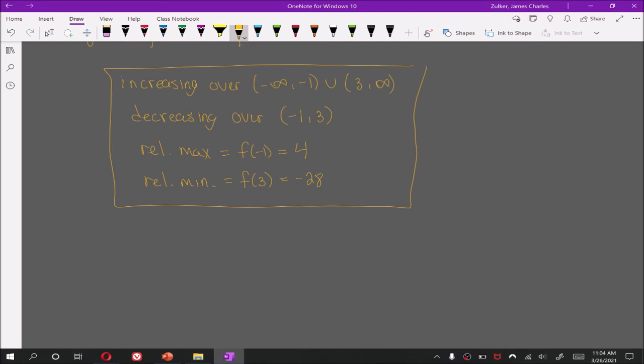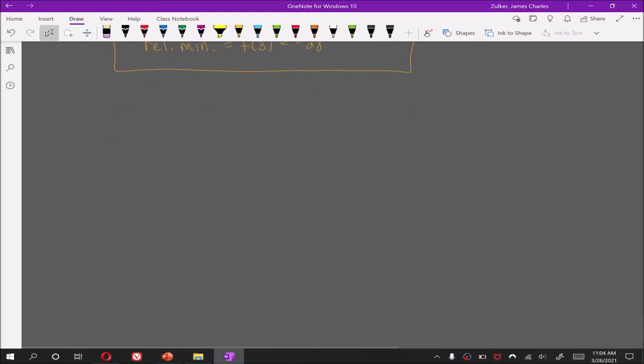And one last example. We look at the function f of x equals x to the 1/3 minus x to the 5/3. So again, take the derivative.